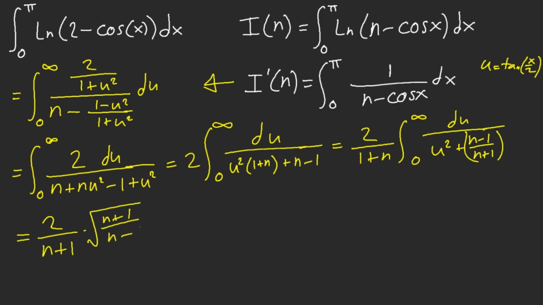n minus 1. Okay? And then with inverse tangent of u, whatever this is, it doesn't matter because when you plug in 0 or infinity, it's just going to equal pi over 2. Right? We're just going to end up with pi over 2. So what we have is, let's see, this cancels out-ish, so we get a square root here, and we're left with n squared minus 1.